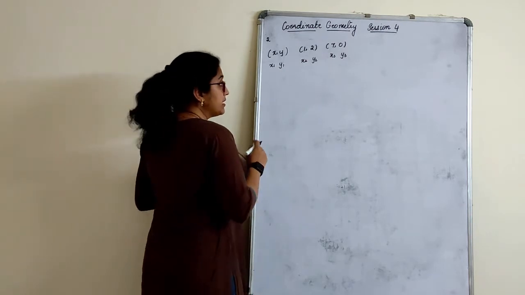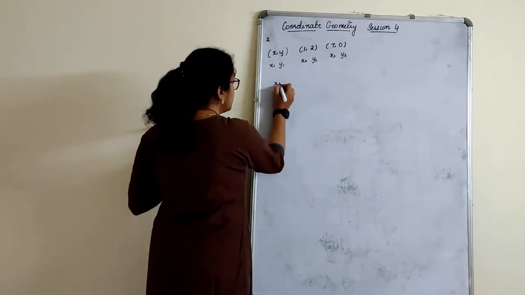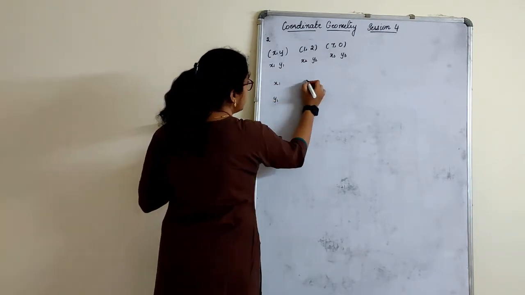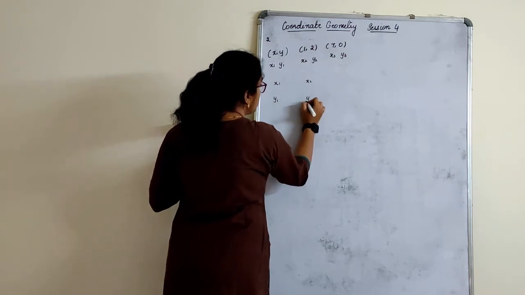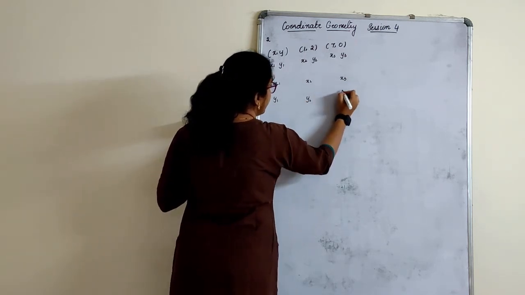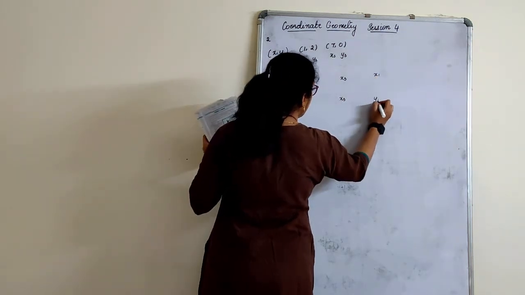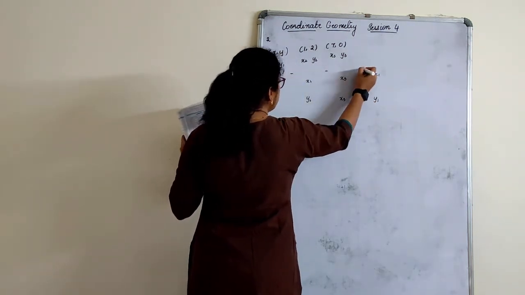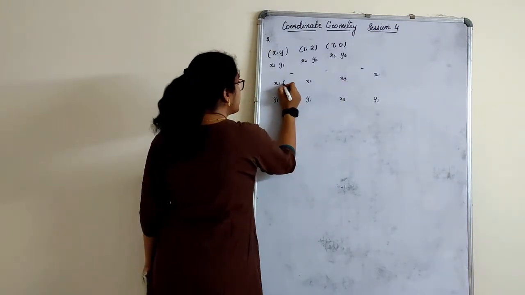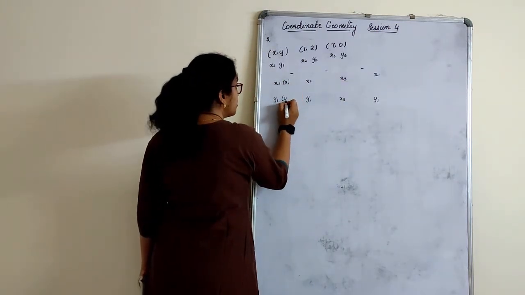We know the rule, right? How do we write that? x1, y1, then x2, y2, x3, y3. Again x1, y1, minus, minus, minus. So what is your x1? X. What is your y1?